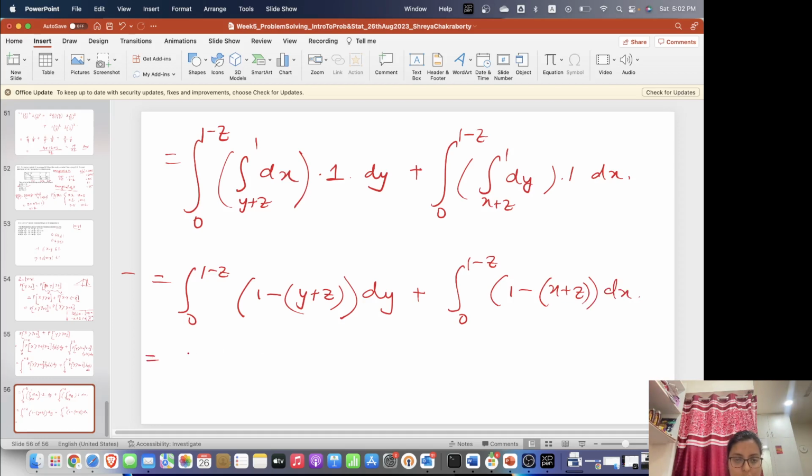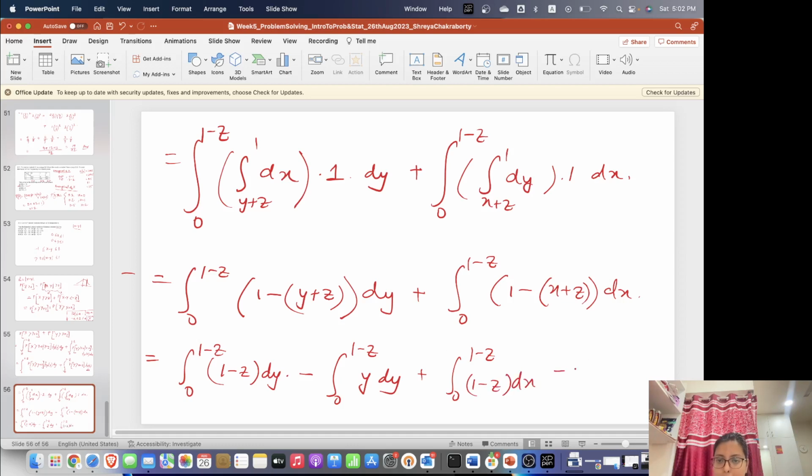So here we have the integral from 0 to 1 minus z of (1 minus z) dy, minus the integral from 0 to 1 minus z of y dy, plus the integral from 0 to 1 minus z of (1 minus z) dx, minus the integral from 0 to 1 minus z of x dx.